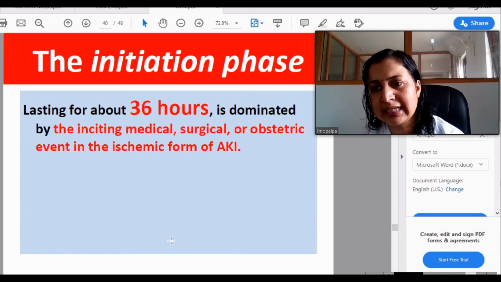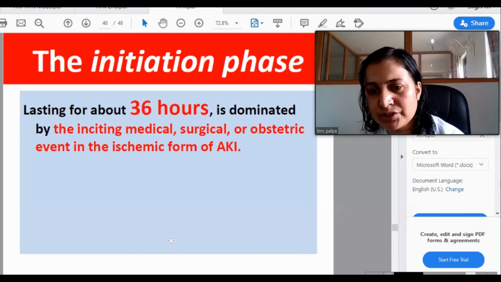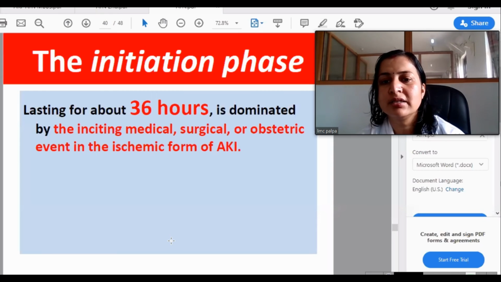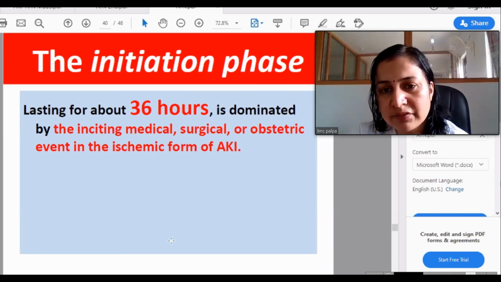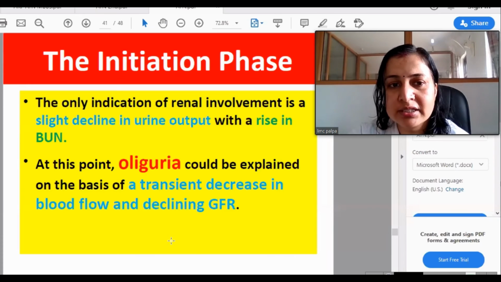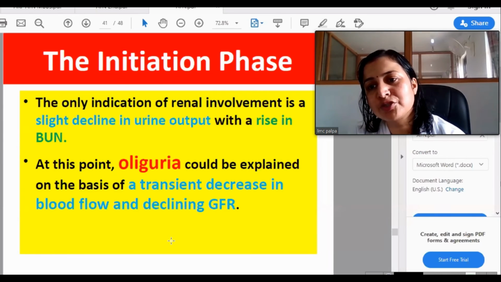Suppose someone had a CS, cesarean section, or a hysterectomy, the removal of the uterus, for some benign lesion. Ultimately, what happened? There is ischemic tubular injury because of some surgical or medical event. So what will happen? The renal involvement: we are very worried about urinary output in a post-operative patient.